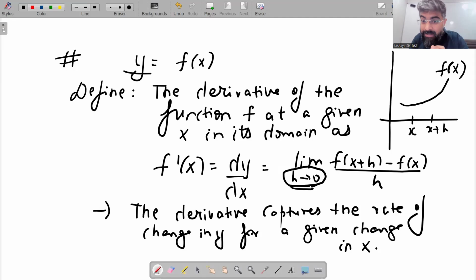When I say that h is tending to 0, it means I am moving from this point to this point. It means the gap between x and x plus h is shrinking. When the gap between x and x plus h is shrinking, how is the function changing? What's the rate of change in the function y equal to f of x? So that is captured by the derivative. That's the logic behind it.